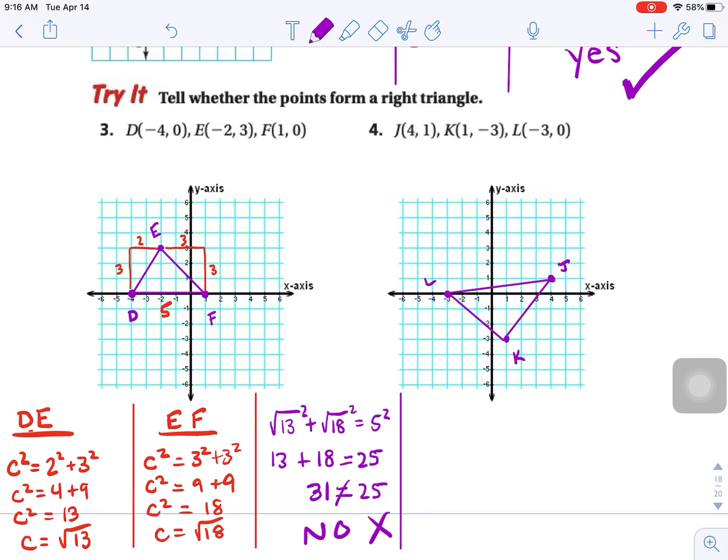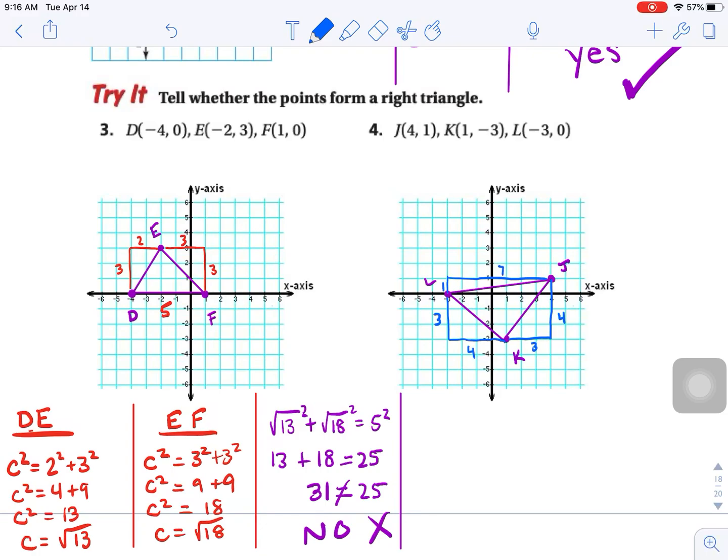That's okay. Let's draw our little triangles in here. So this is a 3 by 4. This one is a 3 by 4. That's nice. So we know that KL and KJ are going to be the same. And then that's a 1 by 7.